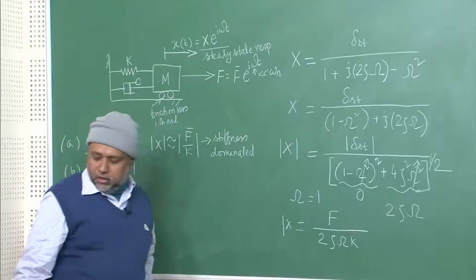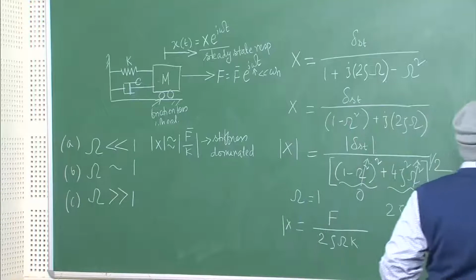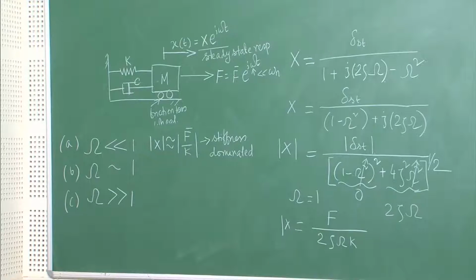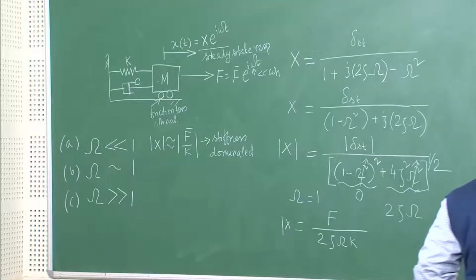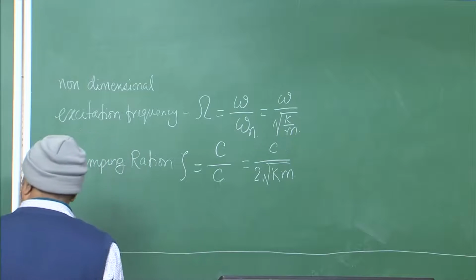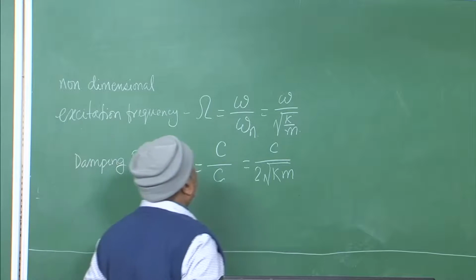Now, let us try to find out what is this 2 zeta omega k. We already know all the definitions here. So, we can apply all these things and find out what this 2 zeta omega k means for us in terms of the damping constants and all the other properties of the system.